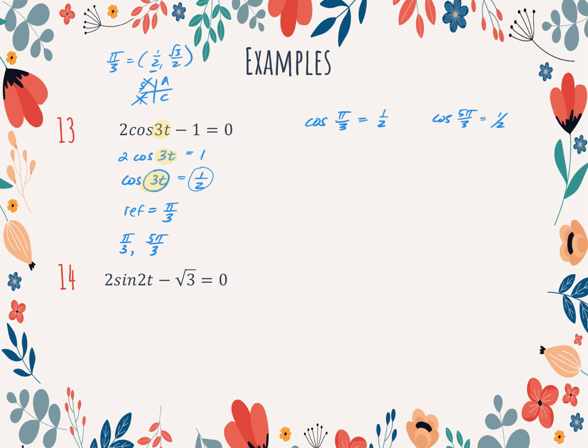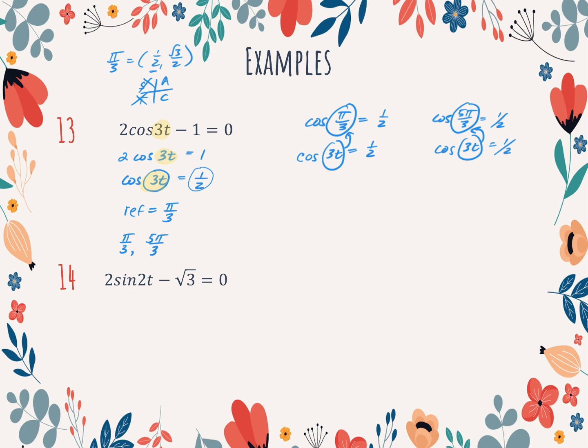So now, again, we have cosine of 3t equals a half. So what I'm basically saying is that 3t has to equal pi over 3, and 3t has to equal 5 pi over 3.